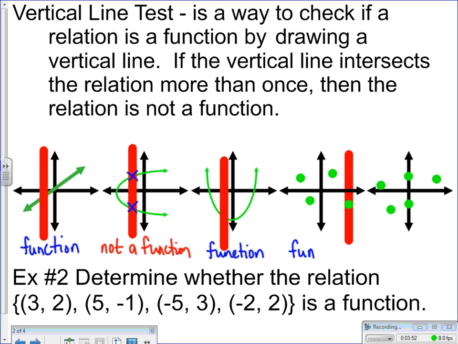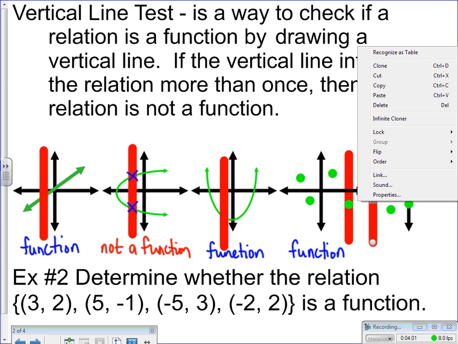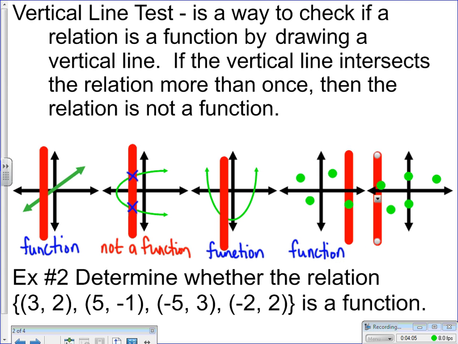So that means that the fourth one is also a function. And the final one. One green dot, 1 green dot, 2 green dots. If I hit 2 green dots, then it is not a function. If you hit the graph more than once, it is not a function.